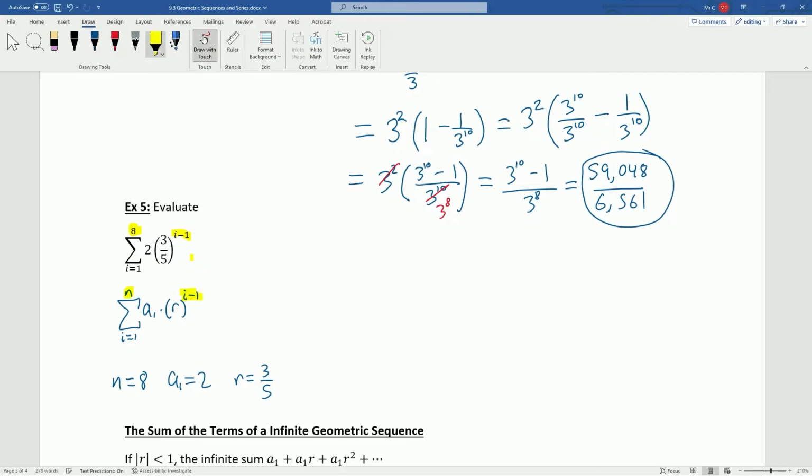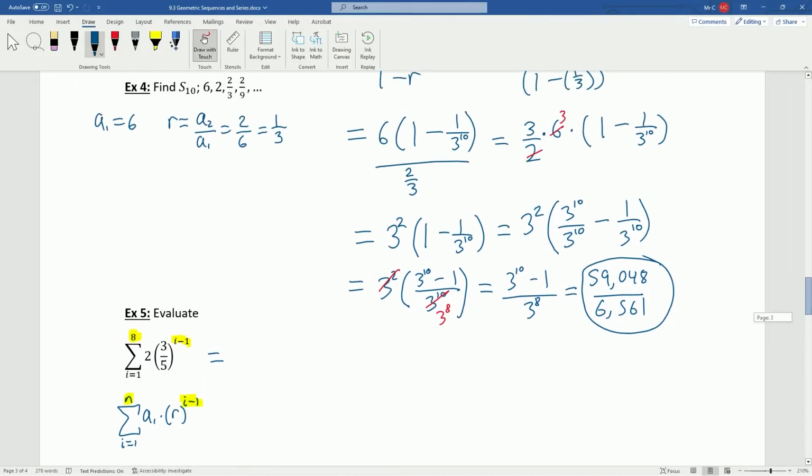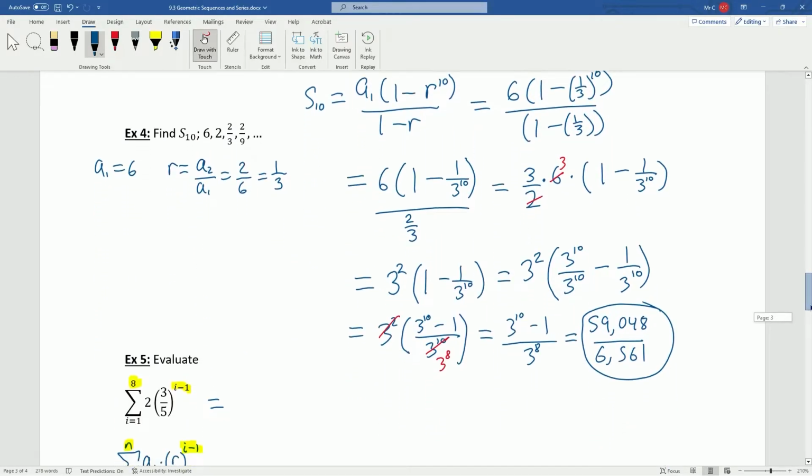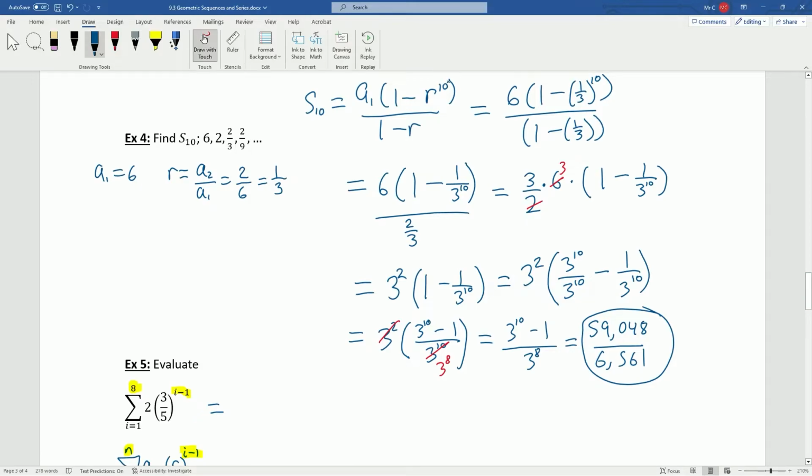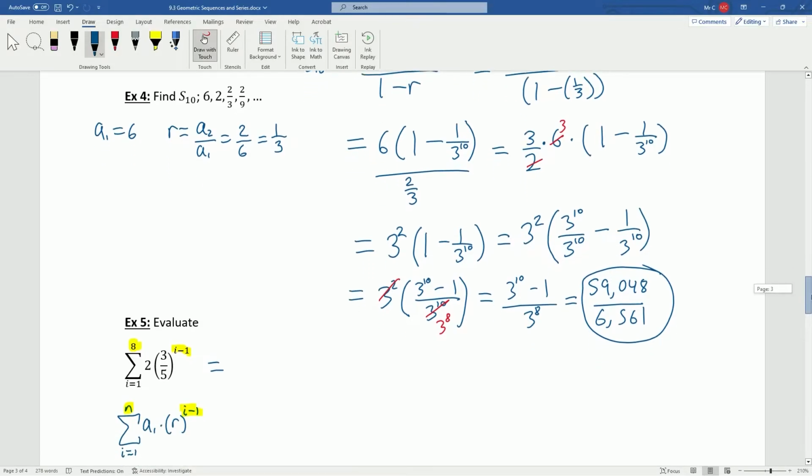So sometimes you'll be given something where the expression you're given isn't to the i minus 1 power. And if it's not in that form, then the formula doesn't work, and then you might have to use some exponent laws to rewrite your expression a little bit. But in this case, we're in good shape because we can go ahead and straight up apply our formula. And remember, your formula is a1 times 1 minus r to the nth power over 1 minus r.